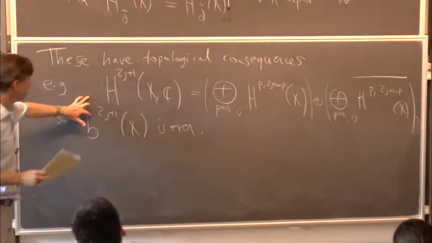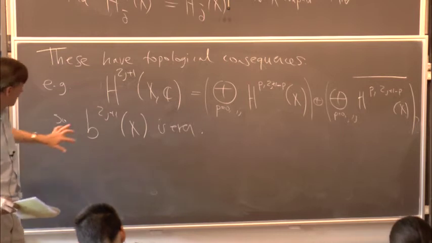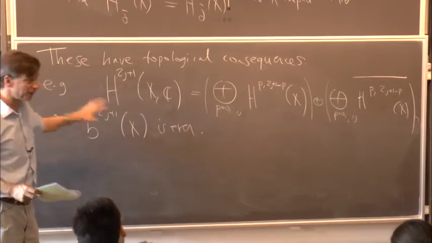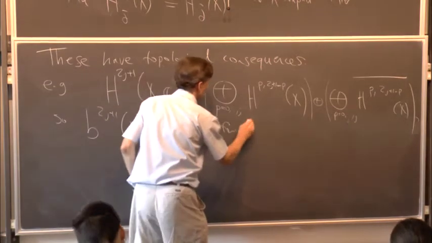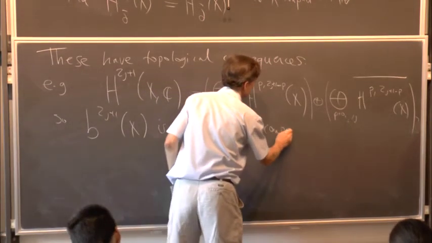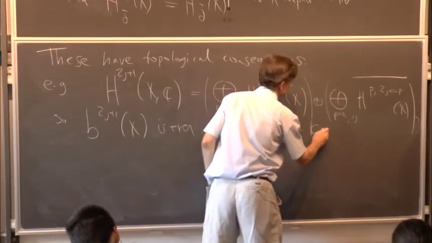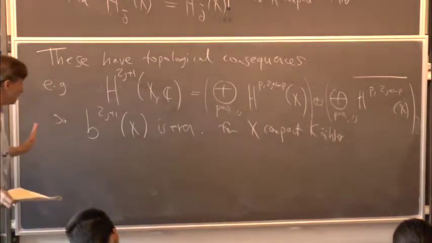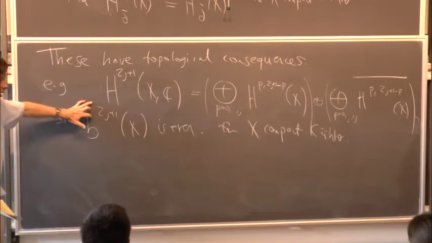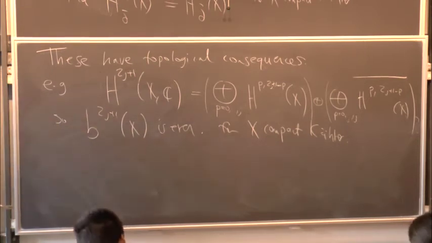The Betti numbers of X with odd index are even for X compact Kähler. So any compact complex manifold you find which has an odd Betti number can't be Kähler.